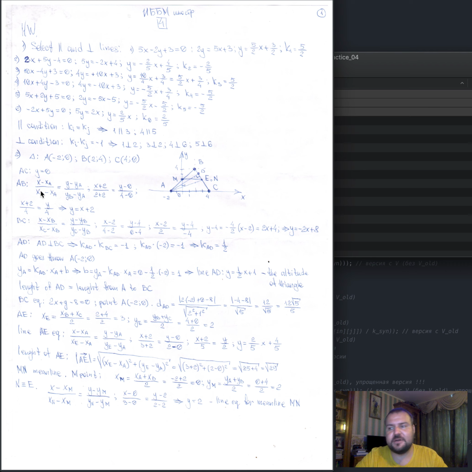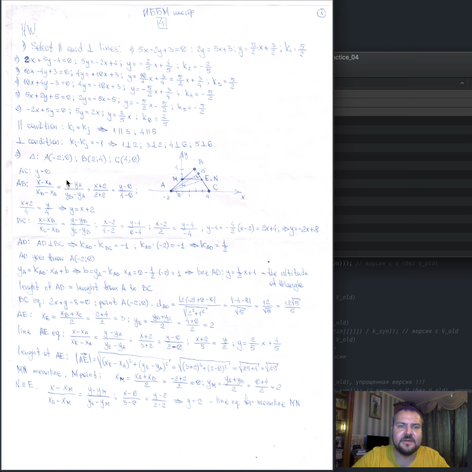For AB, we need to use the two-point equation: x minus xa divided by xb minus xa, and for y the same, y minus ya divided by yb minus ya. We put in these values directly and get x plus 2 divided by 4 equals y divided by 4, or we can rewrite it as y equals x plus 2 for the AB line.